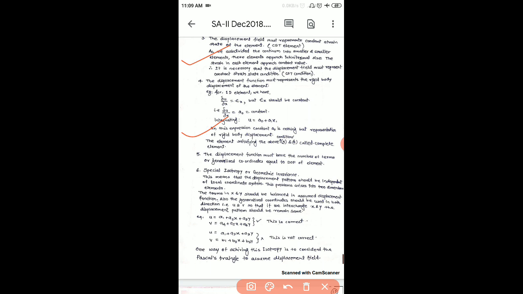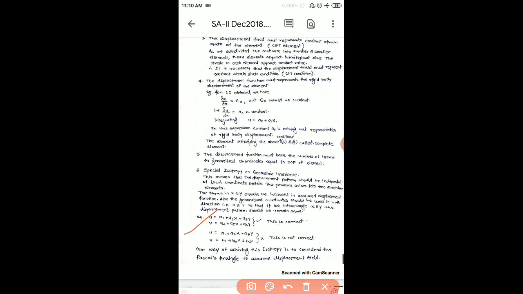This means that the displacement pattern should be independent of the local coordinate system. This problem arises in two-dimensional elements. For example, u equals a1 plus a2x plus a3y, and v equals a4 plus a5x plus a6y. So this is the correct format.